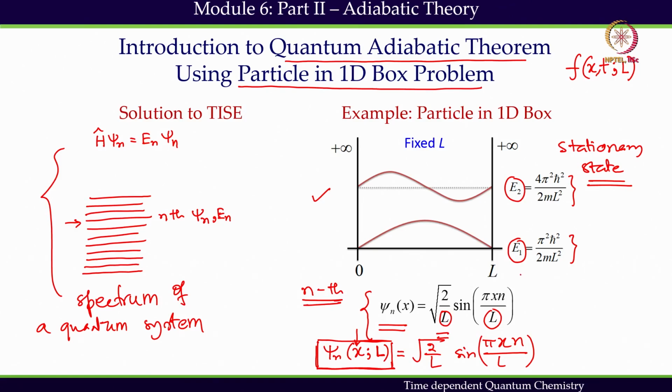So the time dependent wave function can be written as follows: ψ_n(x,t) = square root of 2 by L, sine(nπx/L), then I have this time dependent phase factor, which is e to the power of minus i E_n t by ħ.